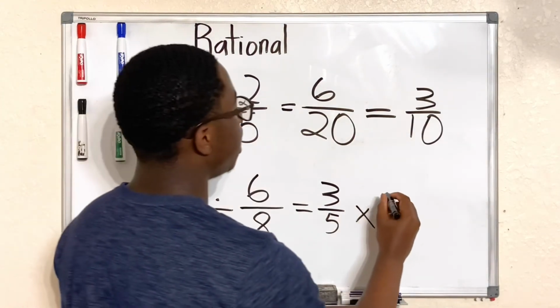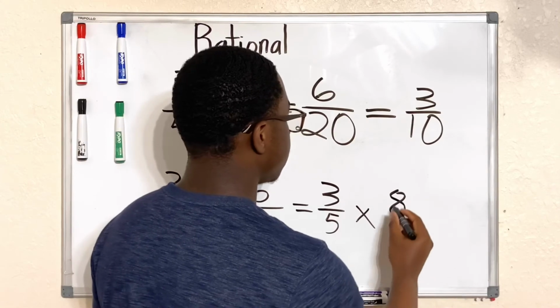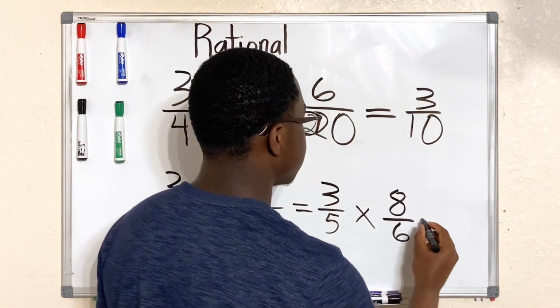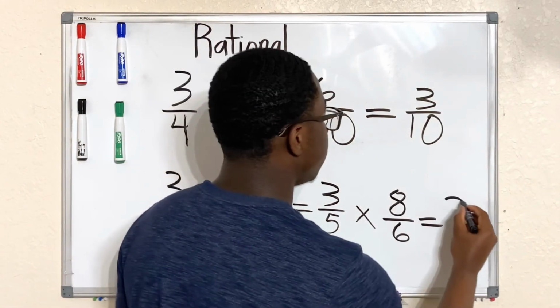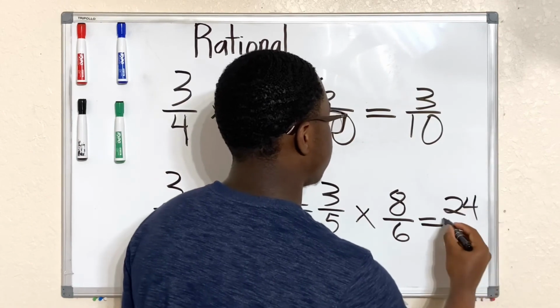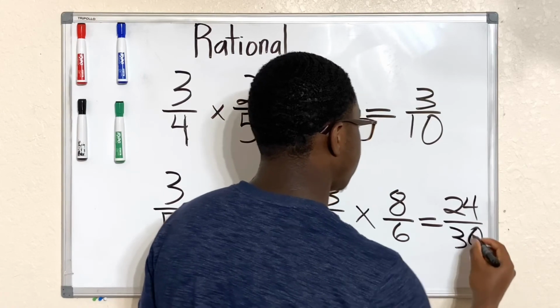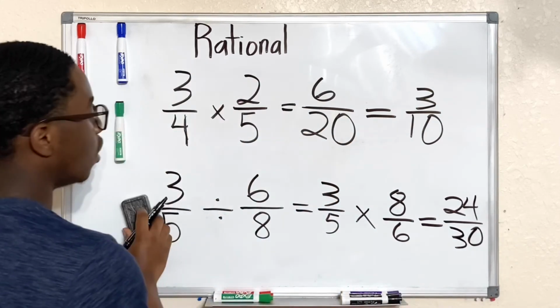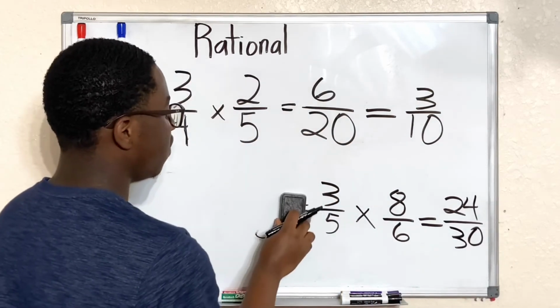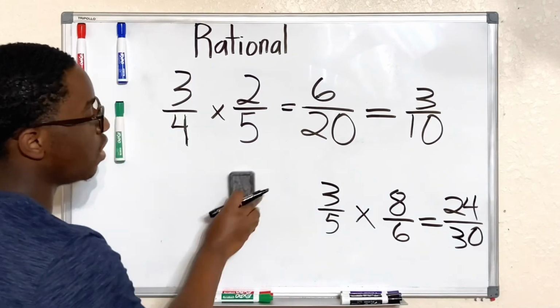So it's going to be 8 over 6. So 3 times 8 is 24. And 5 times 6 is 30. So now we know that 3/5 divided by 6/8 will give us 24 over 30.